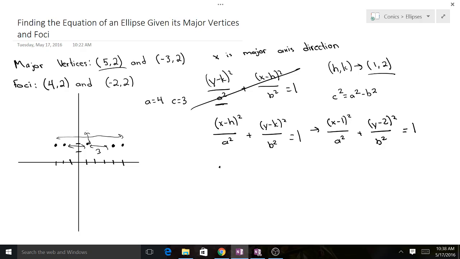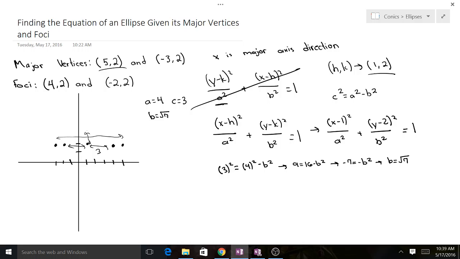So 3 squared equals 4 squared minus b^2, which turns into 9 equals 16 minus b^2, which turns into -7 equals -b^2, so b equals the square root of 7. Now we have a and b, and everything we need.